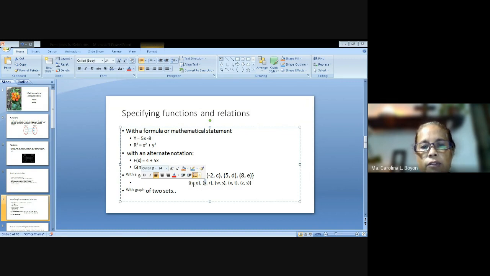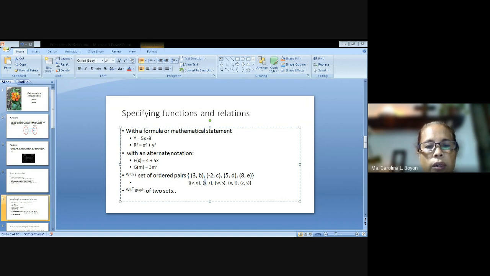So the elements of the domain for this ordered pair will be V, X, W, and Z. And the elements of the range will be Q, R, S, and T. Okay, we no longer repeat the element S because that has been already specified in the third ordered pair.